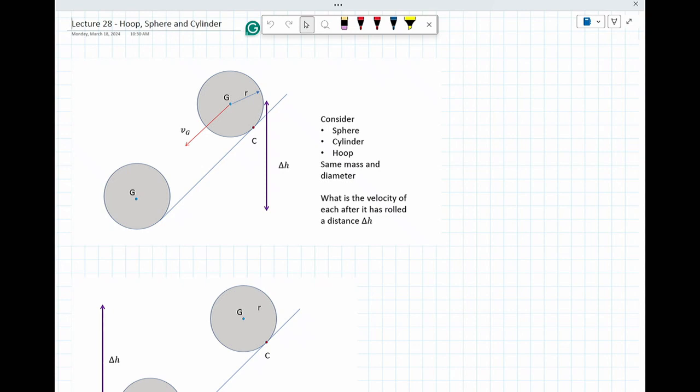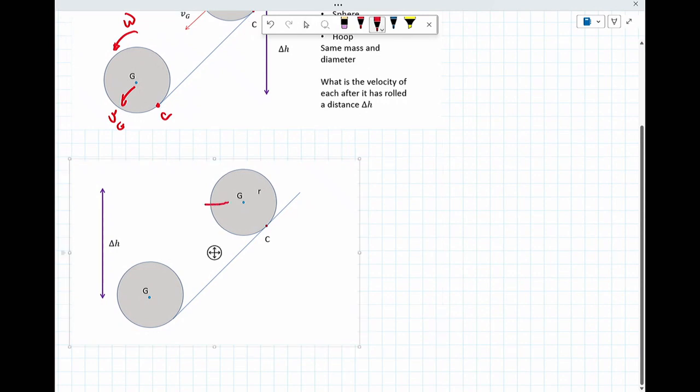So if I just draw on this thing, I know that it's got a v sub g, it has an omega, and it has a point of contact c. So it's contacting the ground. I know it's not going to slip.